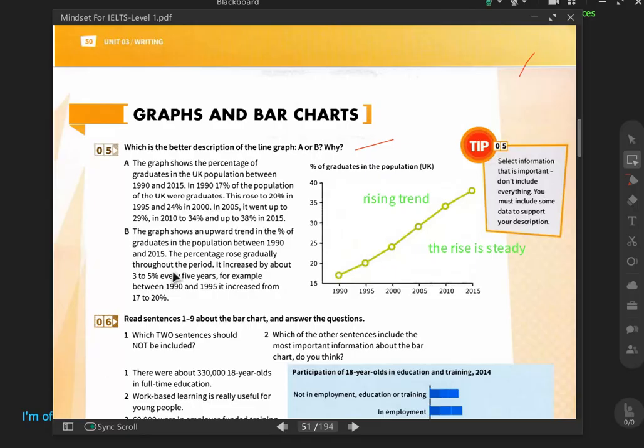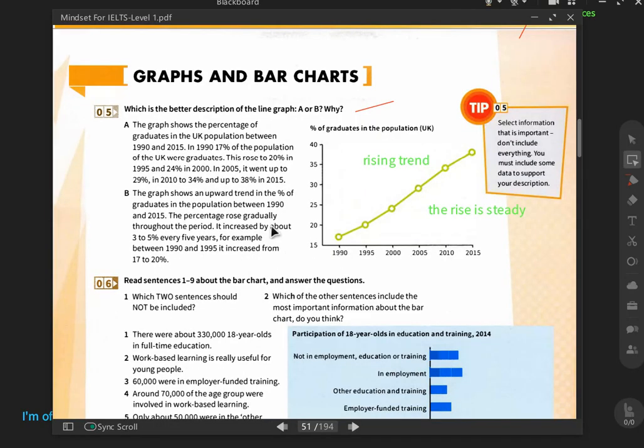Where is the overview? It's just a list of numbers, it's not good. But B gives an overview: the graph shows an upward trend in the percentage of graduates in the population between 1990 and 2015. That is perfect, so B is the better description.